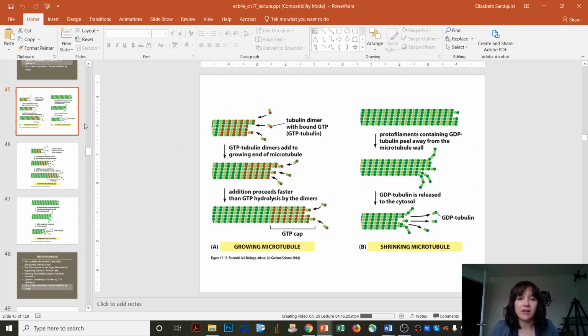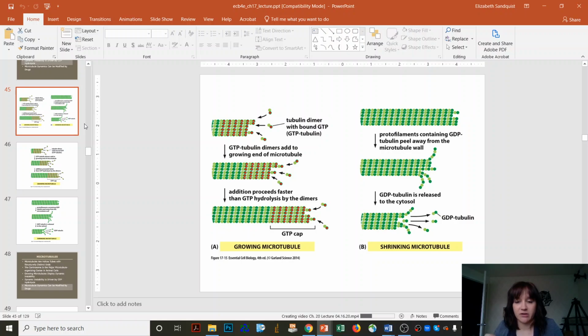These proteins kind of inactivate themselves. They hydrolyze that GTP to GDP. It loses a phosphate, right? And so in this case, when these tubulin dimers have GTP attached to them, that stabilizes their association in the microtubule. So that helps them to stay, all right?